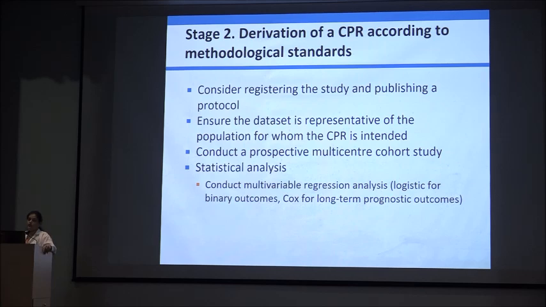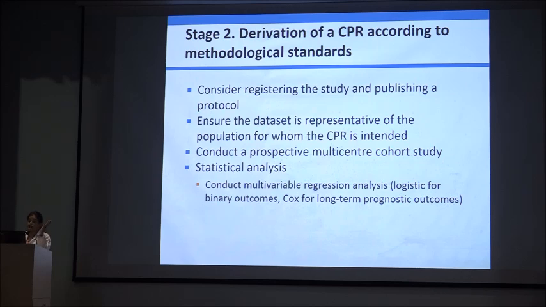For example, RCTs typically have a narrower age range, because they exclude elderly and young, and exclude a whole number of other patients like pregnant women, high-risk patients, etc. Therefore, the representativeness of that sample from an RCT is limited, which impacts the qualities and properties of that clinical prediction model.